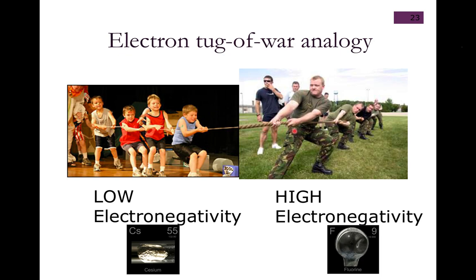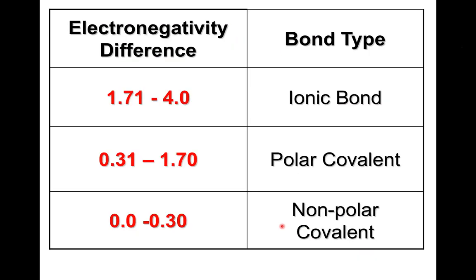So essentially fluorine is stealing the electron, because it's so electronegative. And that is exactly what this transfer of electrons is in an ionic bond, because this is a metal and this is a non-metal. Okay, good, because it's an ionic bond.